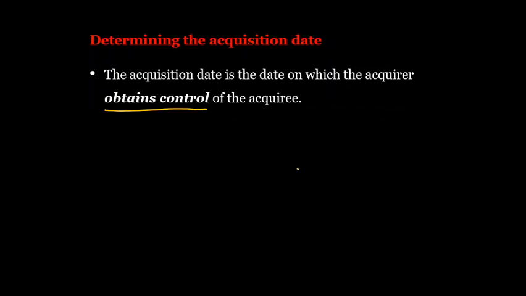It is when the control has been transferred. Meaning, when do you actually gain control? If you remember, when you are exposed and you share in the variability of returns, that means when you are now an owner.